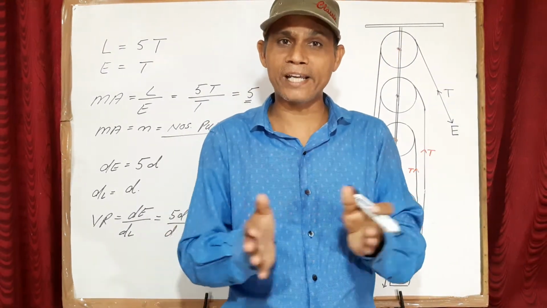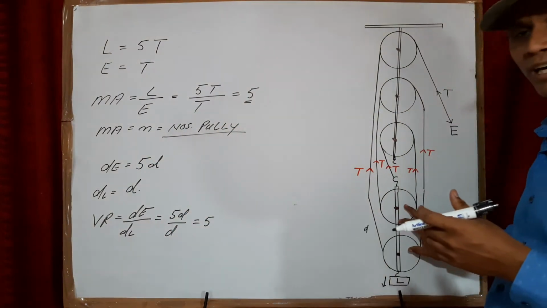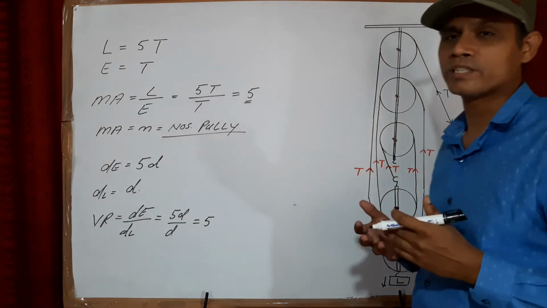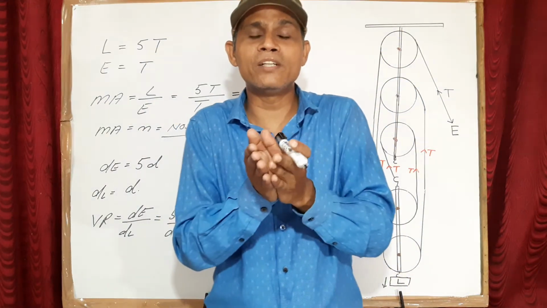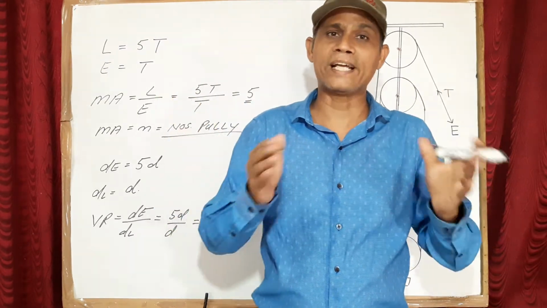Now the question is why the number of lower pulleys is taken less than or equal. I am going to discuss the effect of the weight of the pulleys in the tackle.